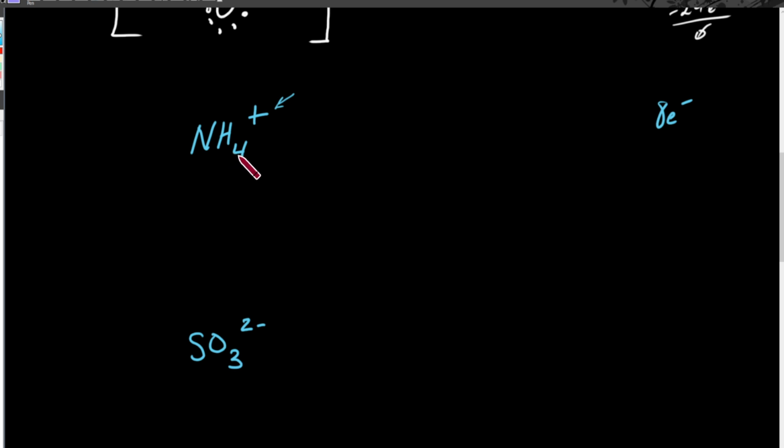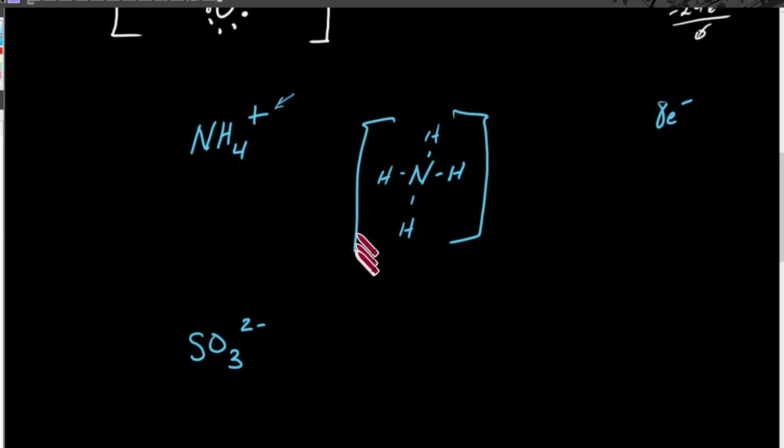We have 4 hydrogens. Each hydrogen needs a bond. And the whole thing has a plus charge. 2, 4, 6, 8 electrons. Each hydrogen's happy. Nitrogen has its 8.